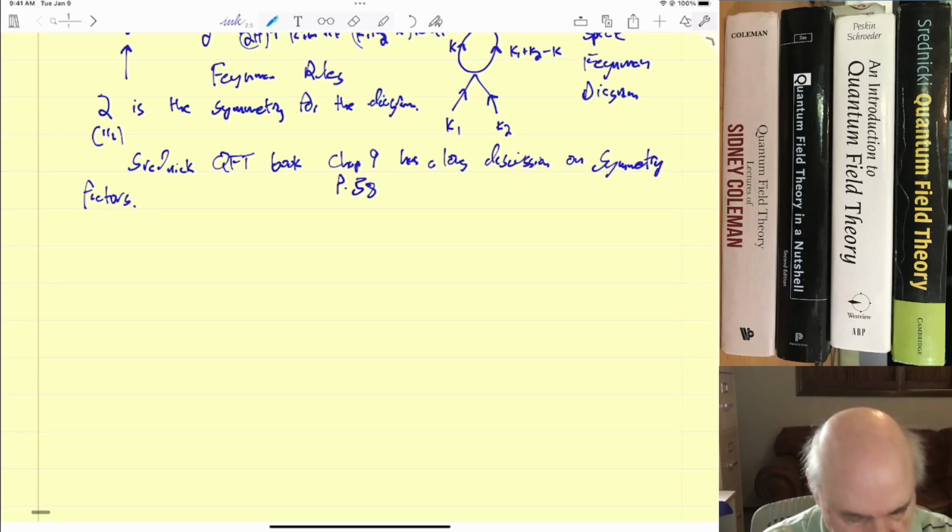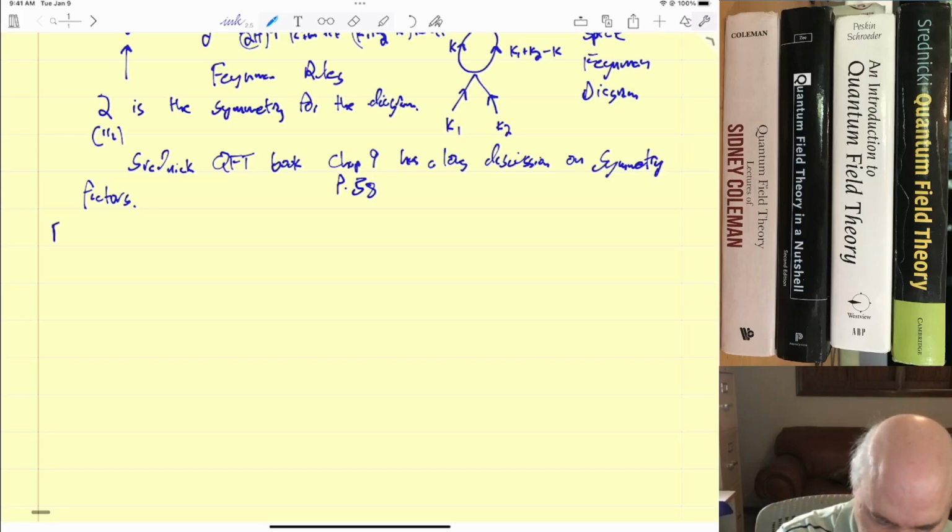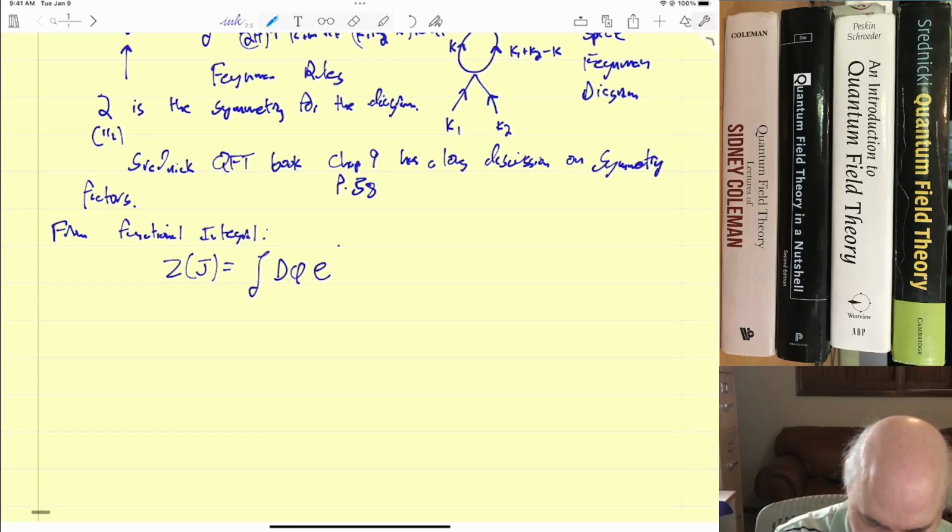So Srednicki starts, he gives the functional integral. Z of J is equal to the integral. This is a path integral. I don't want to derive this or discuss this too much. I'll do that in some other videos.